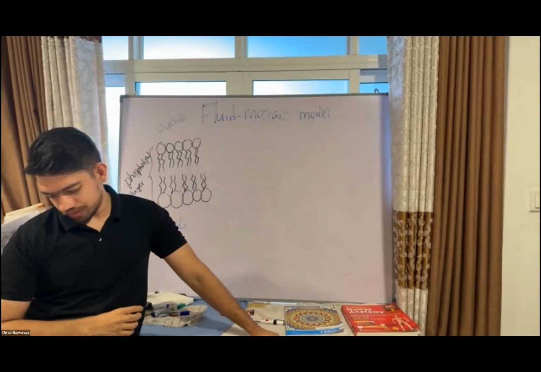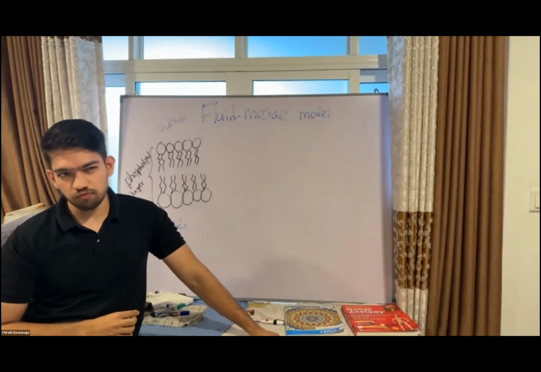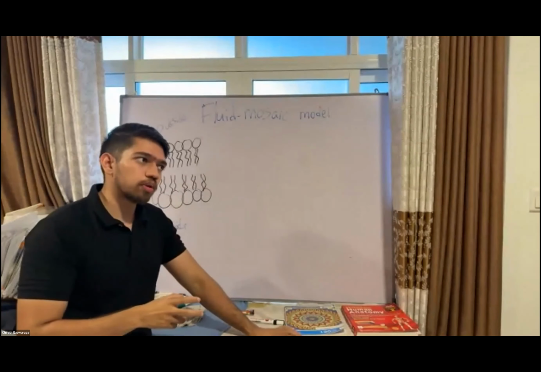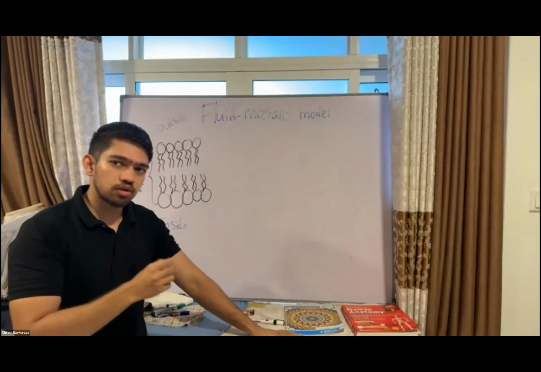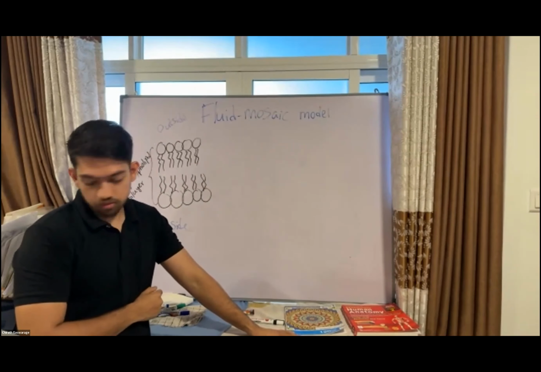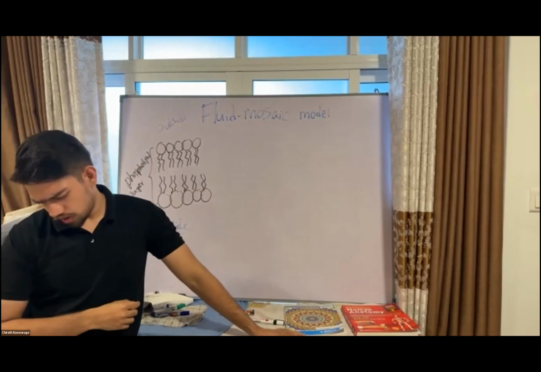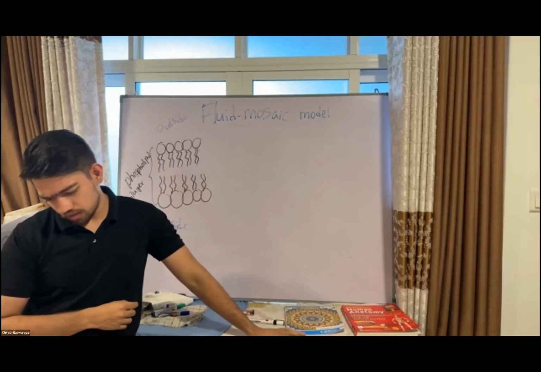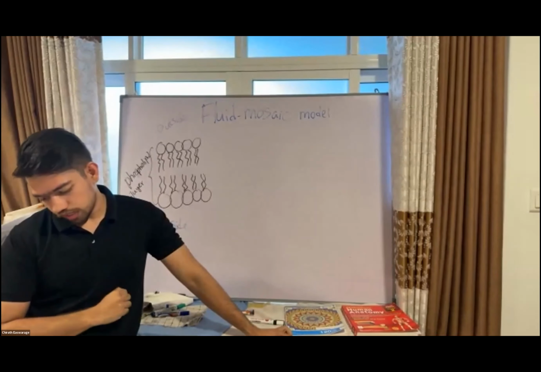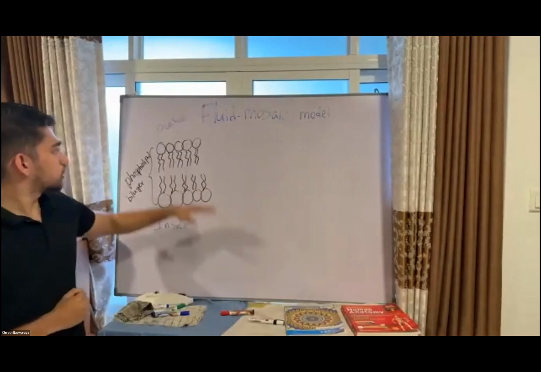Then they say phospholipids are amphipathic molecules. What are amphipathic? They have both hydrophobic and hydrophilic natures in the same molecule. I hope you remember. That's what we know. The hydrophilic heads of the phospholipids face outwards to the aqueous environment inside and outside.